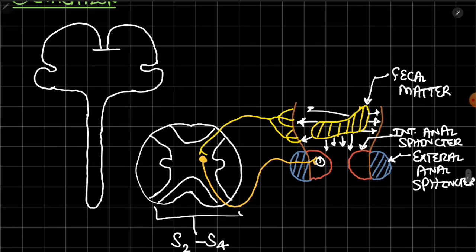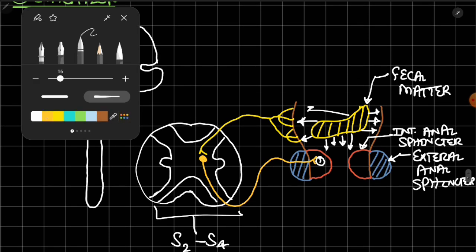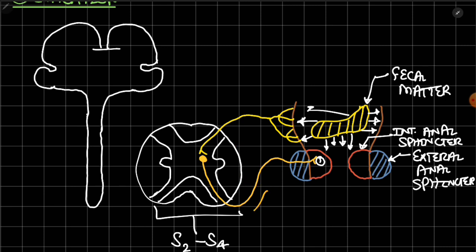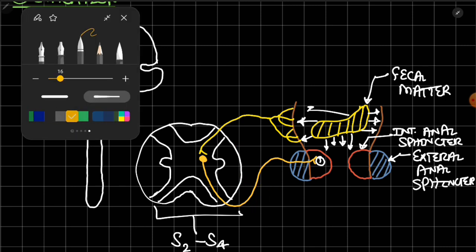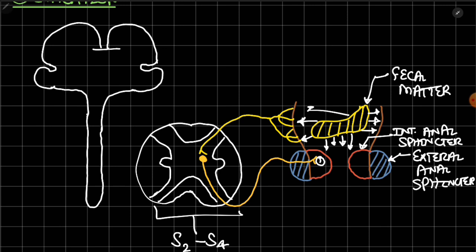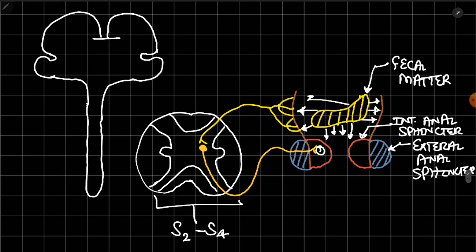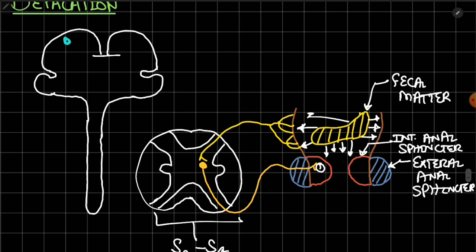I will draw the corticospinal tract with a different shade. Okay, this color. When you are in the washroom, many fibers from the corticospinal tract arise from the cortex.